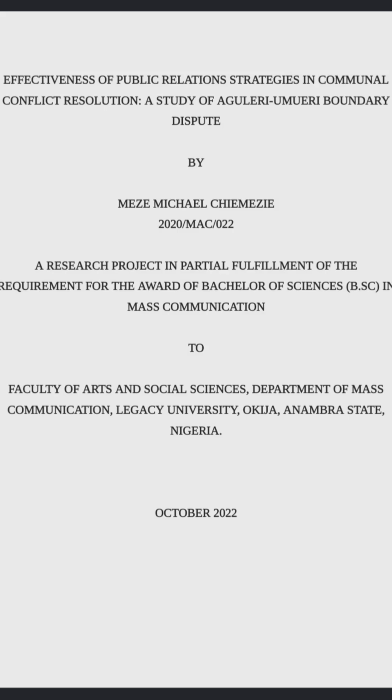It contains the name of your institution, your department. So these are the things that are contained in the cover page or the title page, which is the first page of a project work generally.